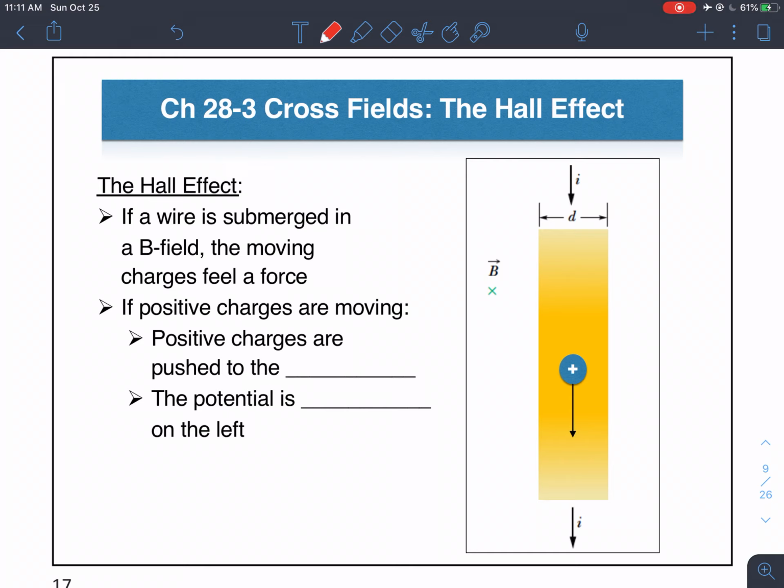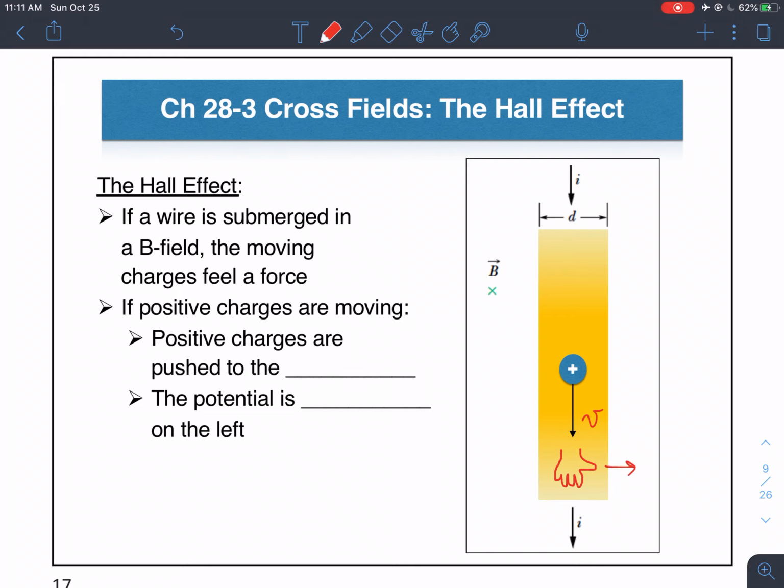V cross B. When you do this, you're going to use your right hand, and let's just draw 4 fingers and the thumb. Again, 4 fingers along the velocity direction, right? And the magnetic field is into the page, so this is the top of your hand, and the force is pointing that way.